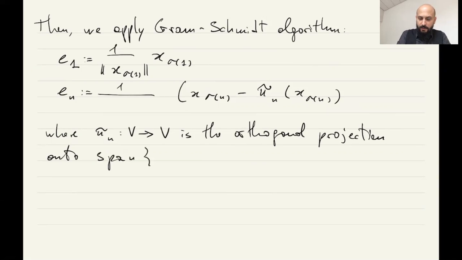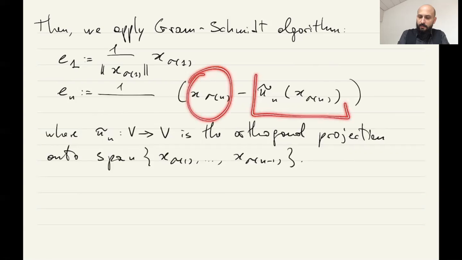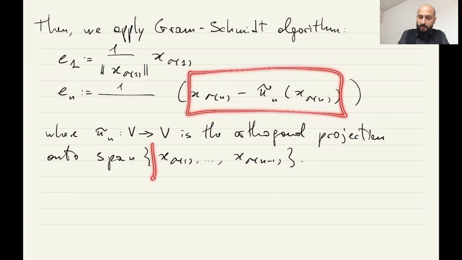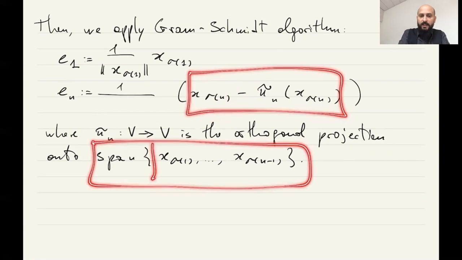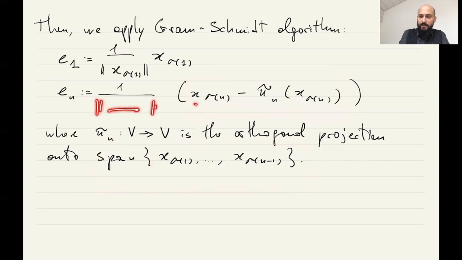So span of x sigma 1 up to x sigma n minus 1. Okay, so we take a vector, we remove the projection on the previous elements in such a way that now this is orthogonal to this span, and then we normalize. So here we write the same, the norm of x sigma n minus pi n x sigma n.